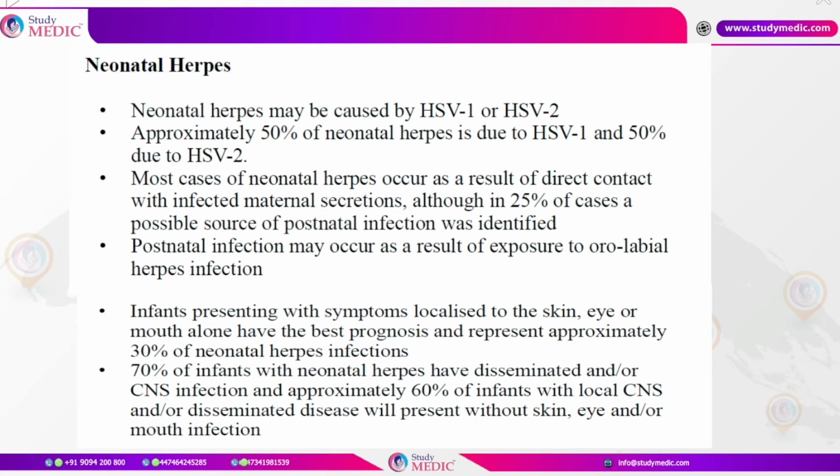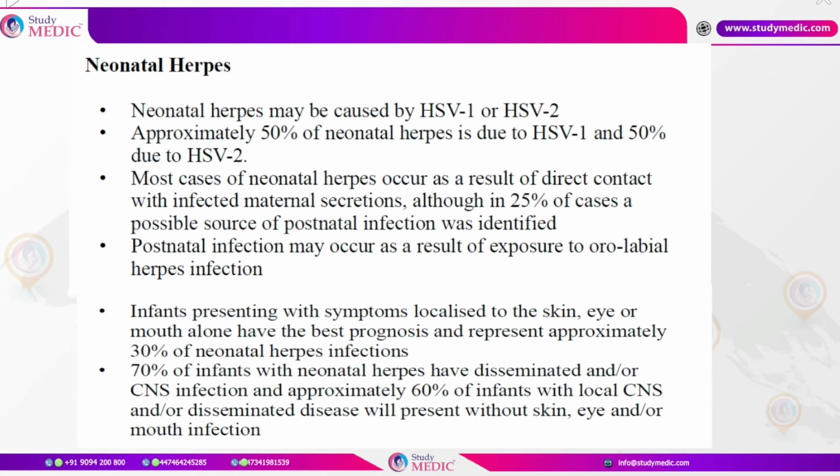Most of the cases of neonatal herpes occur as a result of direct contact with infected maternal secretion. Although in 25% of the cases, a possible source of postnatal infection was identified, the postnatal infections may occur as a result of exposure to orolabial herpes infection.